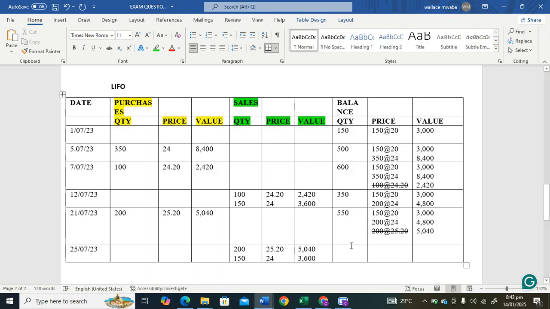All right. So we had 550 goods. We've sold 350 goods. So we remain with 200 goods, 150 valued at 20 kwacha, and 50 goods valued at 24 kwacha.